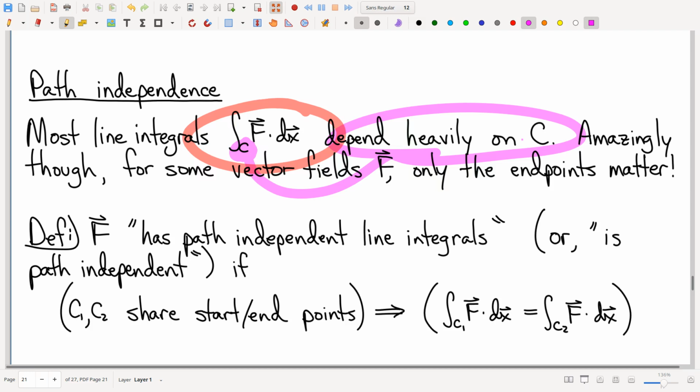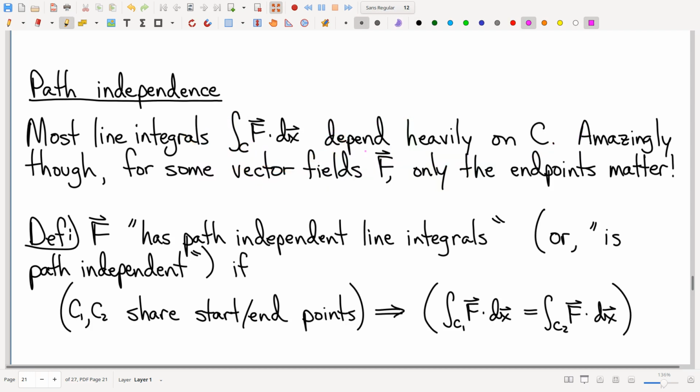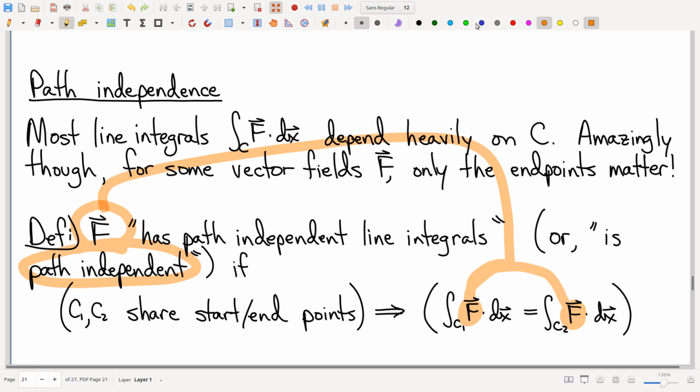That said, it turns out, amazingly, there are some vector fields called path-independent vector fields. Path-independent vector fields have this feature that when you're looking at line integrals along different curves, you always get the same value for the line integral.